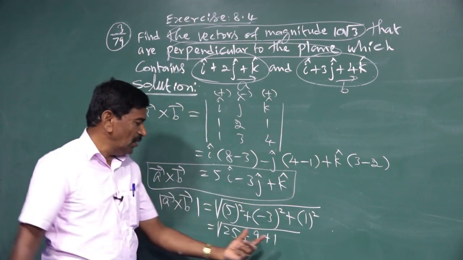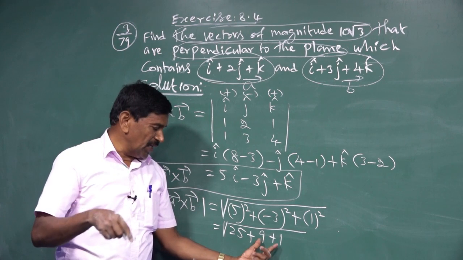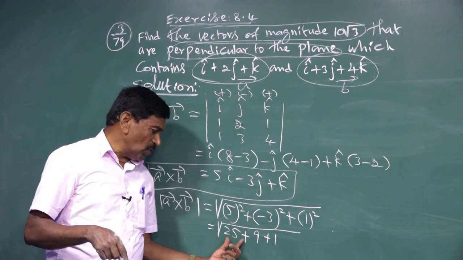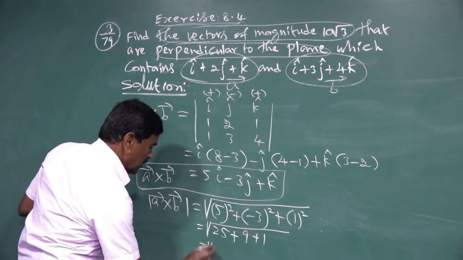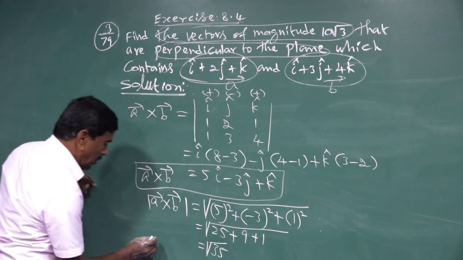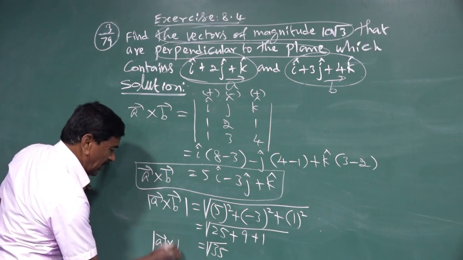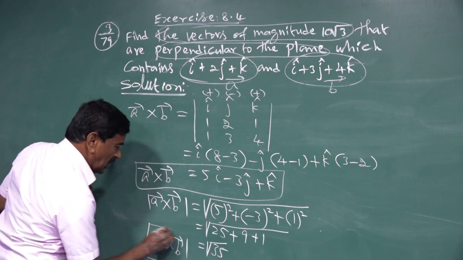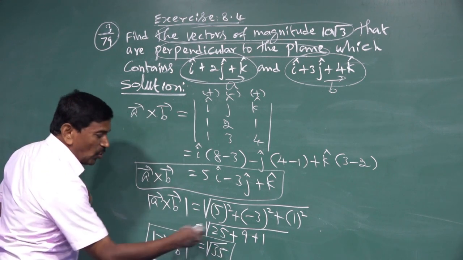Now count it: 9 plus 1 is 10, 10 plus 25 is 35. So modulus a vector cross b vector is equal to square root of 35.